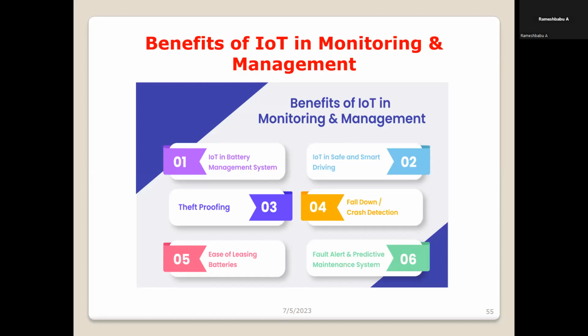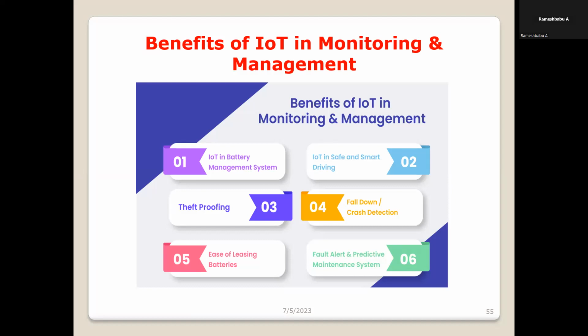IoT devices embedded in electric vehicles help with safe and smart driving because they help monitor driver performance. Mainly, they monitor key parameters like speed of the vehicle, acceleration, and temperature, and provide real-time tips to ensure better performance.